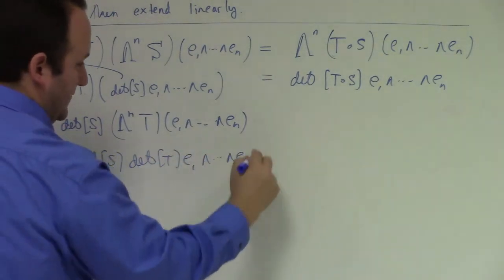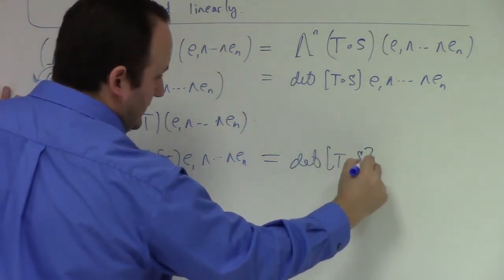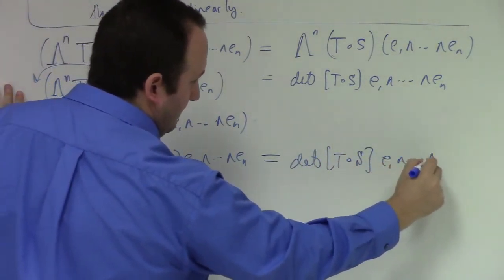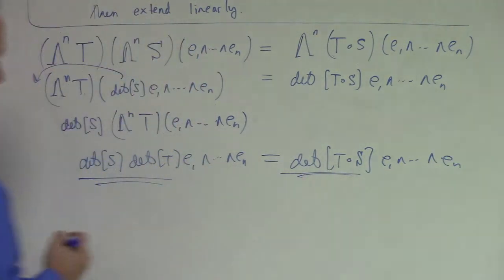But that's equal to, on the other side, determinant of T composed with S, E1 wedge En. So you get that this and that are equal.